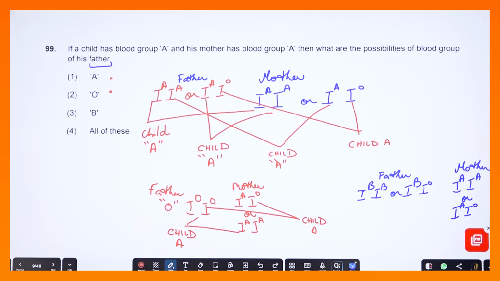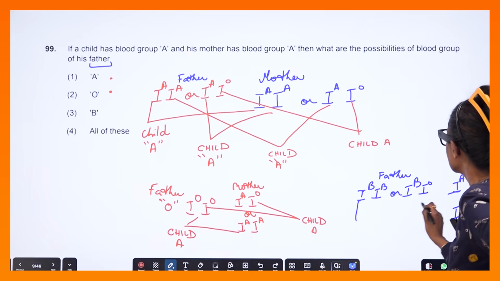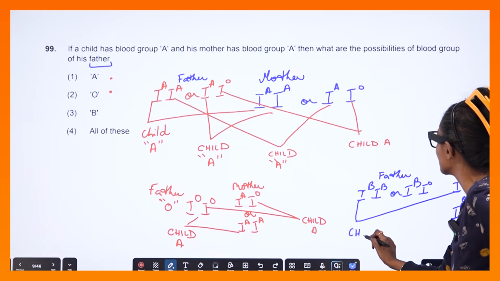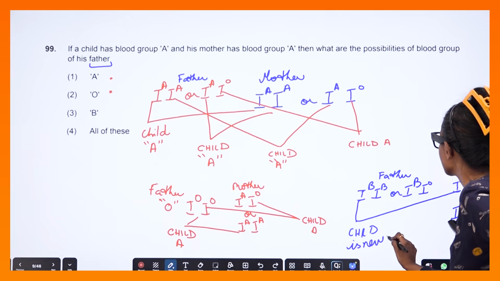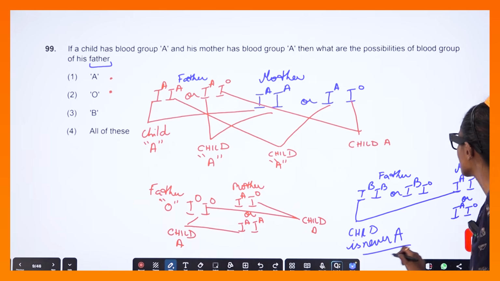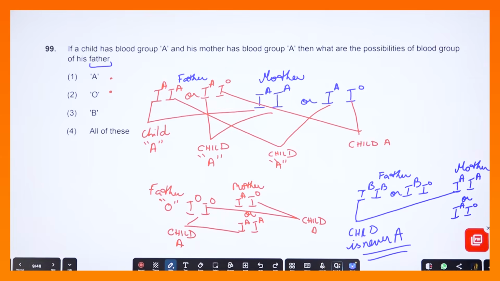Now see, in this condition, child can never be A. Child is never A, right? So this is one important situation. In this condition also, child is not A. Correct? Now, if I take this condition, child can be A.